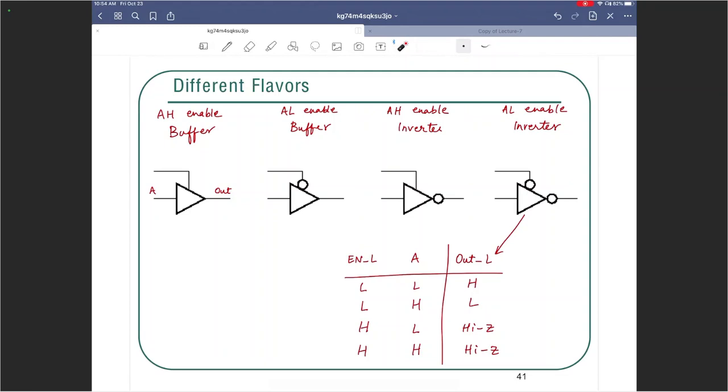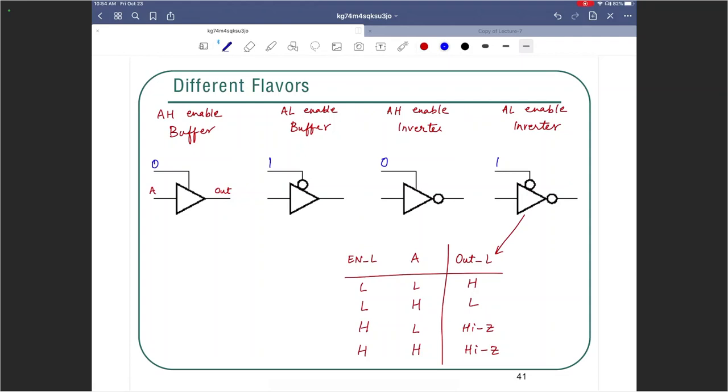So let me do this. Let me talk about the case in which the outputs of these symbols are going to be in high impedance state. They are going to be in the high impedance state only when I make this 0, or I make this 1, or I make this 0, or I make this 1. Only then the outputs are going to be in the high impedance state.